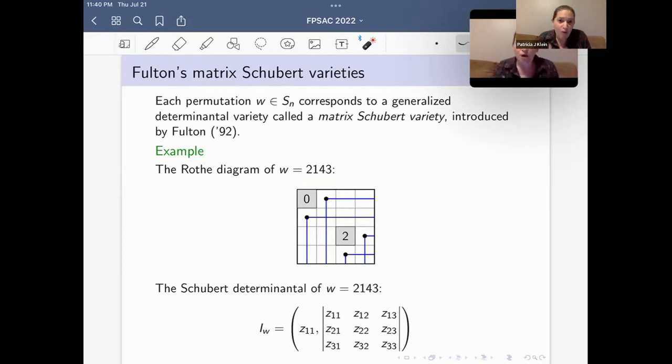So this is just our one line notation going to a permutation matrix. And our rule for getting generators out of this is called a Rothe diagram. From these dots that we've put down, we're going to shoot out what are commonly called death rays, down and to the right. So down and to the right, down and to the right, down and to the right. And now we have some blank boxes left over.